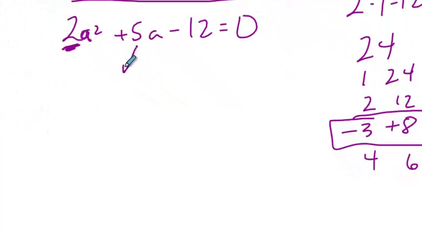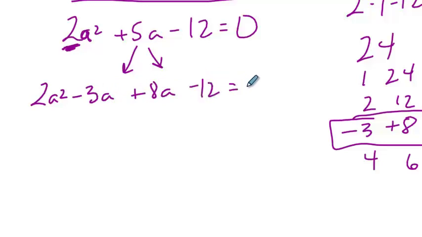I want this term to be split. So I have 2a squared minus 3a plus 8a minus 12 equals 0. I did this because I haven't changed the value. If I take negative 3a plus 8a, I get back to 5a.